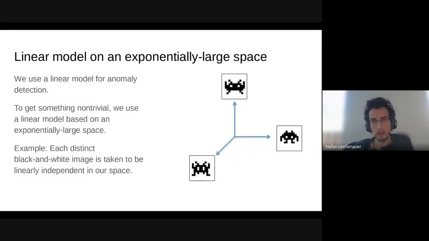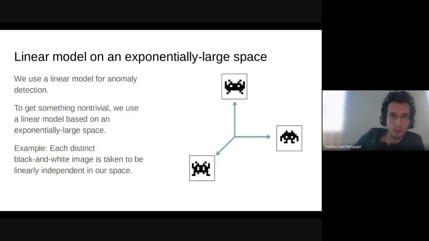And this is familiar from the intuition of quantum mechanics. Quantum mechanics is a linear theory of physics, but it can capture all of the nonlinearities present in classical mechanics. The trick, of course, is that it's a linear model on an extremely high dimensional space. How high? Exponentially large.